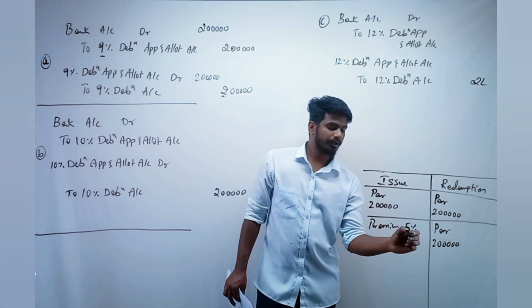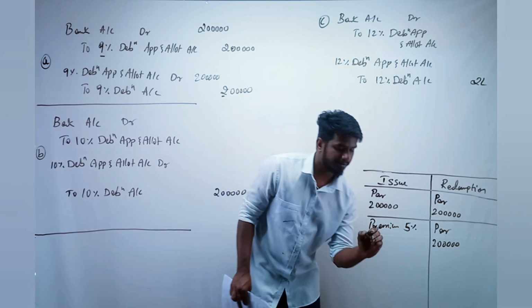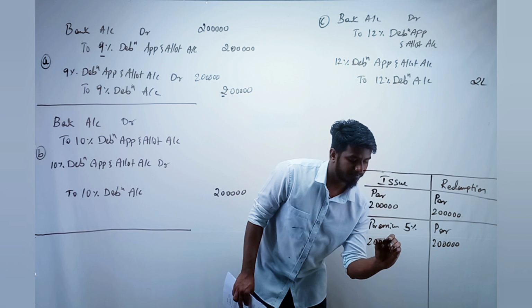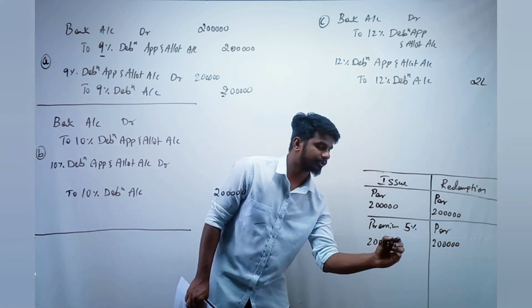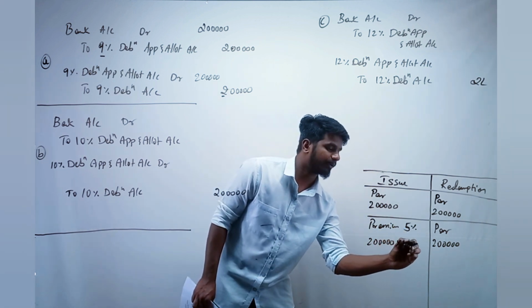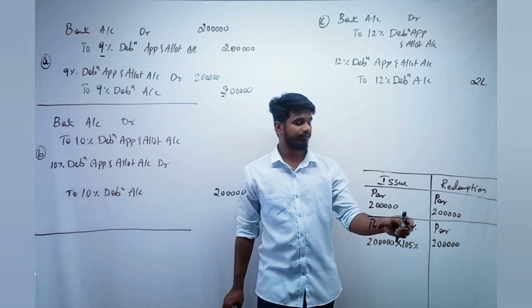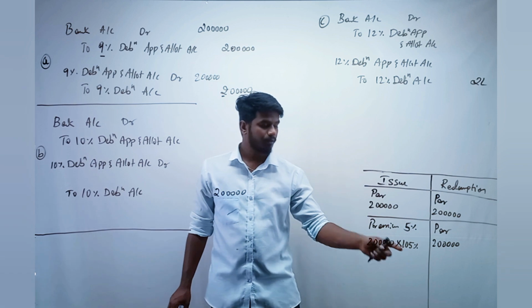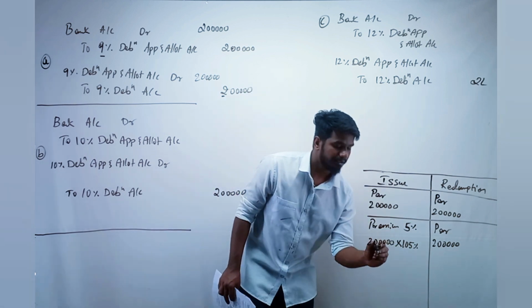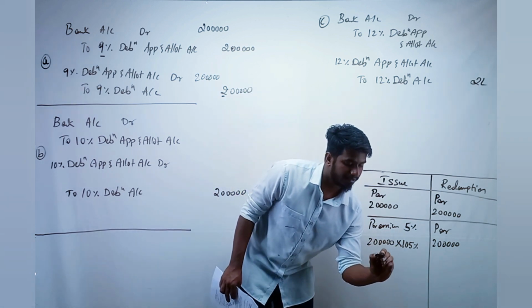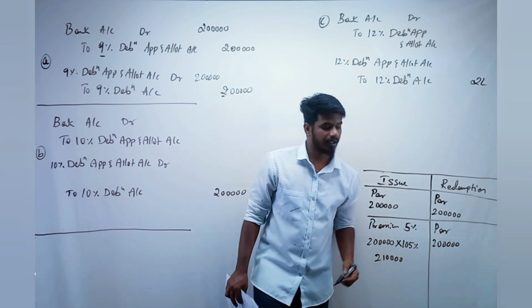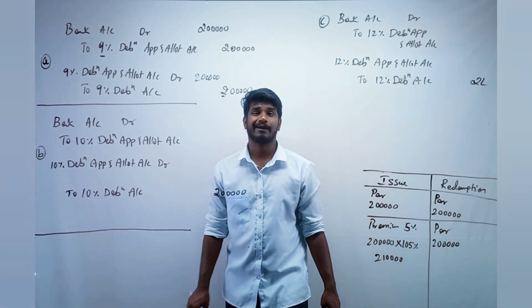Next, so issued at premium, which means 2 lakh, premium is 5%, just multiply with 105%. If it is 10%, just multiply with 110%. If it is 15%, multiply with 115%, that's it. It will be 2 lakh 10,000, correct me if I am wrong, 2 lakh 10,000.